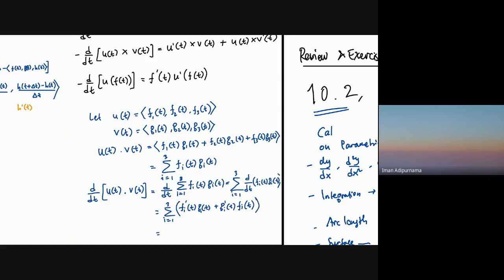That's why the result at the end is u prime dot v plus u dot v prime.